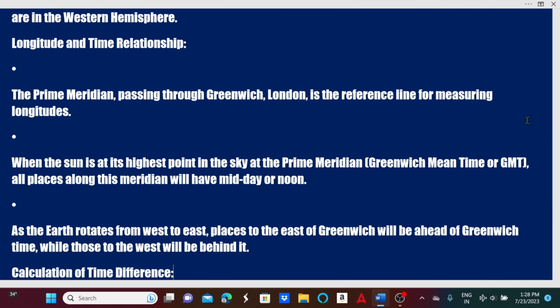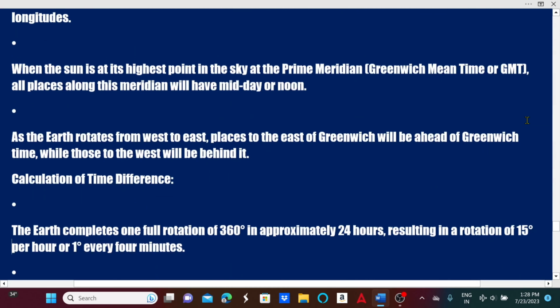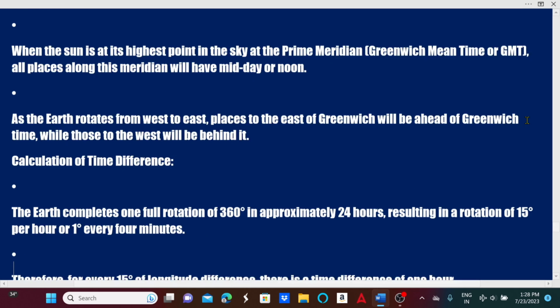कैलकुलेशन ऑफ टाइम डिफरेंस, तो कैलकुलेशन कैसे करते टाइम डिफरेंस की. The earth completes one full rotation of 360 degrees in approximately 24 hours, resulting in a rotation of 15 degrees per hour. Okay, तो 15 degrees per hour अर्थ घूमती है और 1 degree in every 4 minutes में घूमती है.